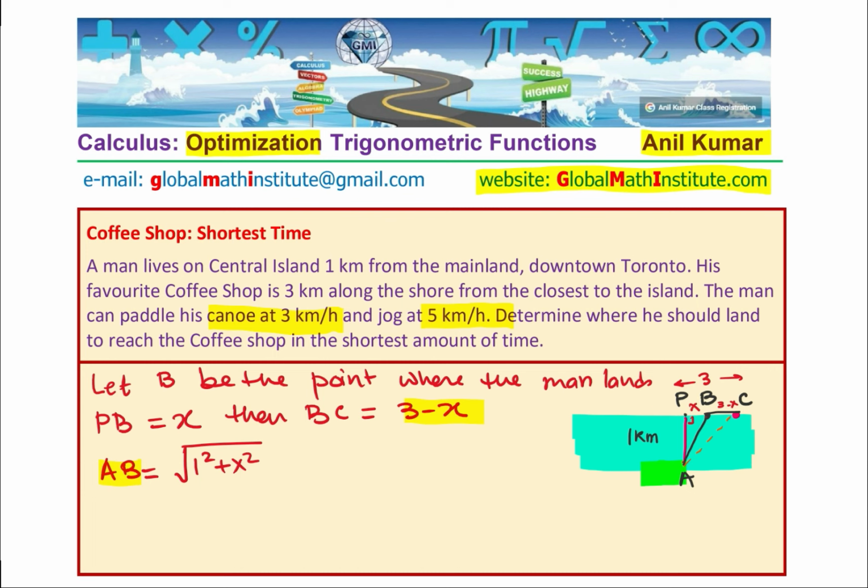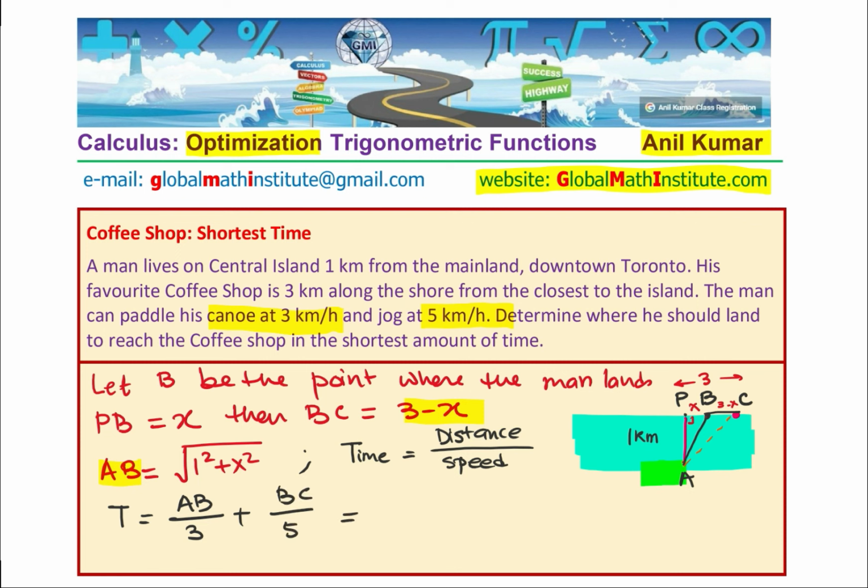So in that case, the time taken will be what? Time is distance over speed, right? So the total time t in this particular case will be the time to canoe, that is the distance AB with the speed of canoeing, 3 kilometers per hour, plus B to C jogging distance with 5 kilometers per hour.